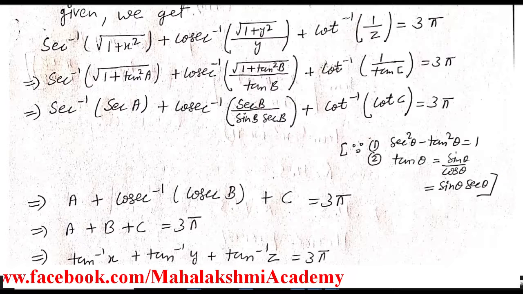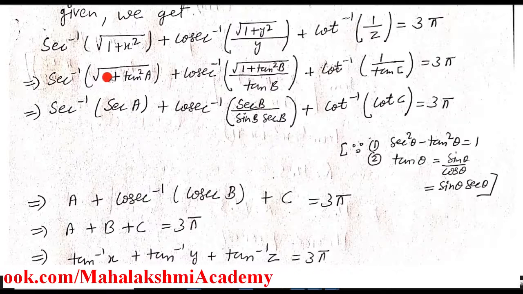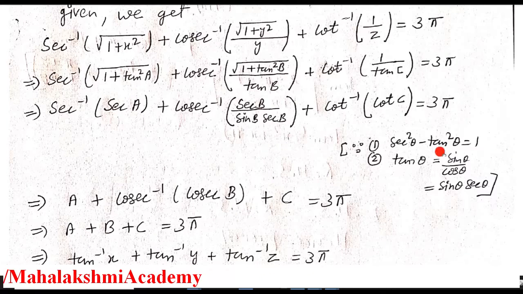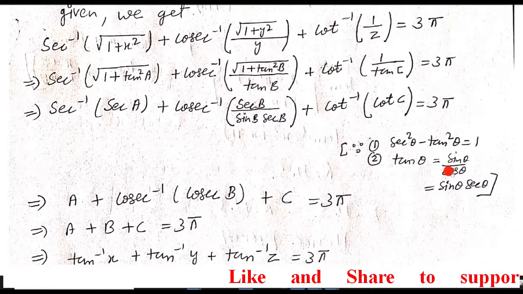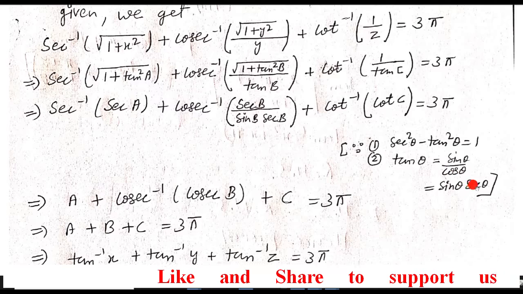Now here, this is the formula of sec a from this identity, which is a very popular identity in maths, and here also it's an identity again, that is sec b. Now this tan b, students, you know that tan theta is equal to sin theta upon cos theta. Now this 1 upon cos theta we can write as sec theta.